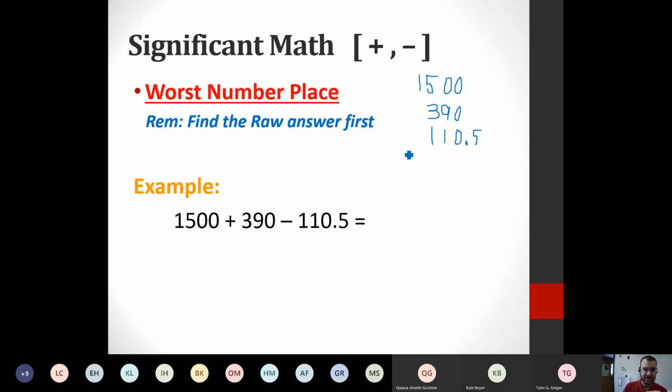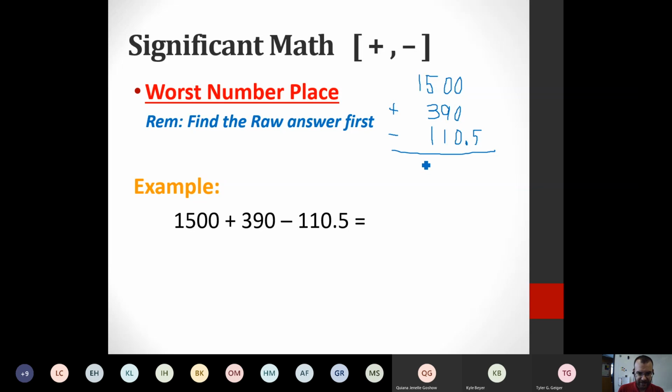So I wrote it all out elementary style. I do the line. I've got a plus and I've got a minus. So the first thing I'm going to do is make sure that I get the raw answer. That means without having to worry about any sort of rounding, I'm literally just going to add and subtract what I've got here. All right, so 1500 plus 390 minus 110.5.